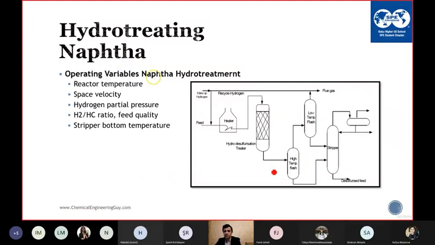Flash means the separator, and the LP separator, and then the flue gases leave, and you have the stripper, where you separate the gases from the product. As you can see, the H2 to hydrocarbon ratio is important for hydrotreatment processes.